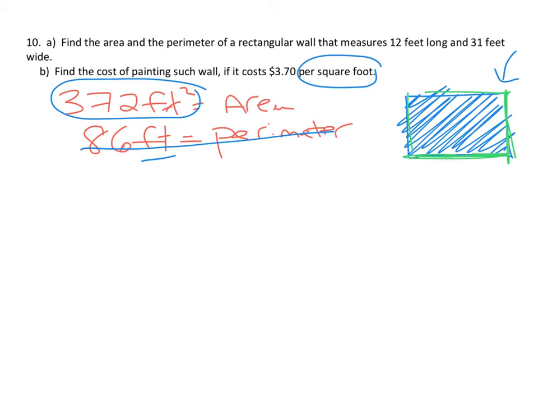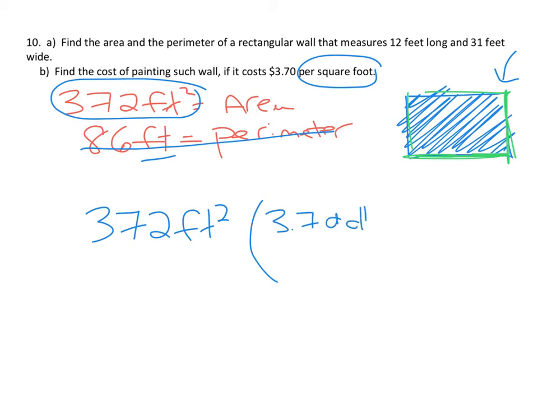The first way to do it is to think of this almost as a unit conversion problem. 372 feet squared times $3.70 on top, and on the bottom I have square feet, because remember, per means divide, right?